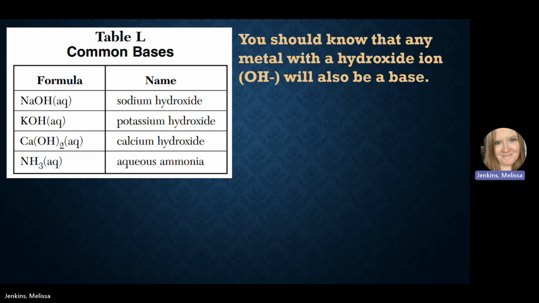For acids, you really don't have to know other acids than what are listed, but for bases, you have to know basically that anytime you have an OH combined with a metal, it's a base, okay? Because you could have LiOH or Mg(OH)2. So if it's a metal with OH, you have to know that it's a base, okay? Unlike for acids, they listed them all, okay?